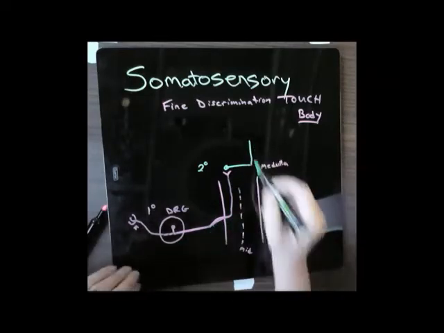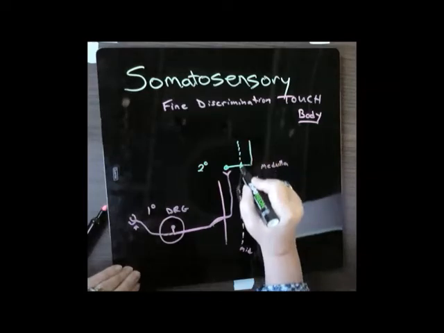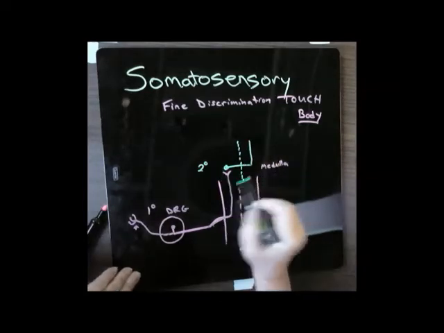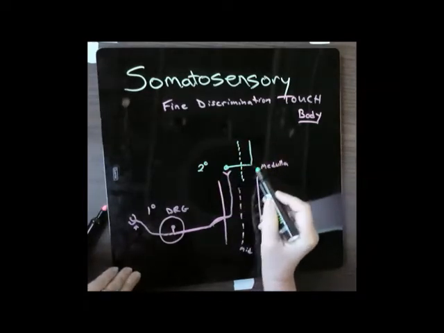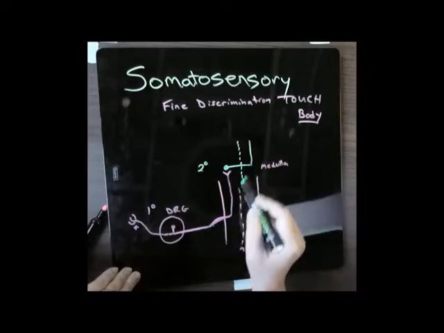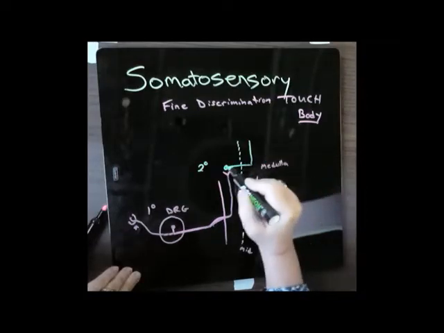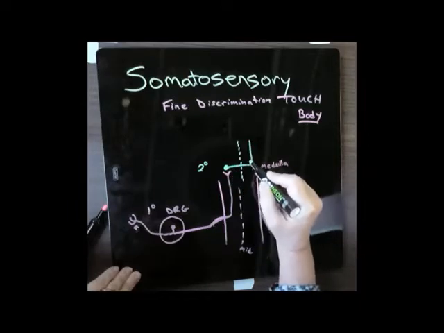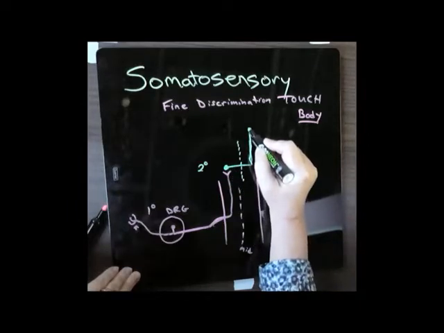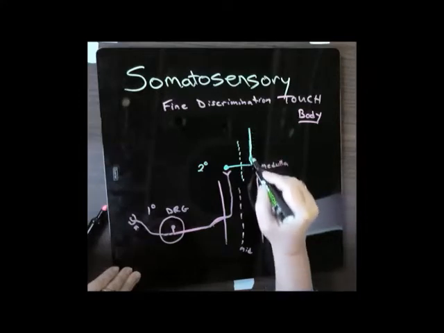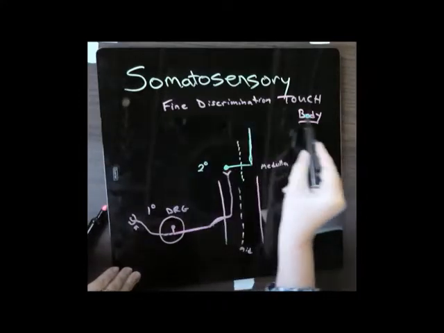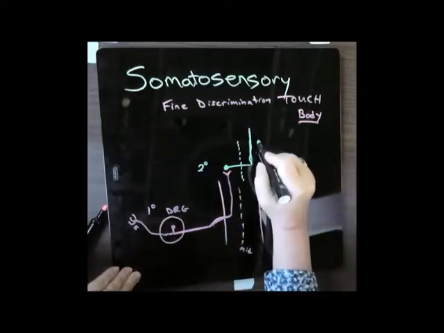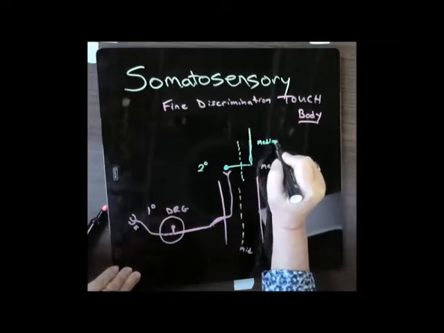It's going to cross the midline of the brainstem. It's actually a very specific structure called the internal arcuate fibers, but we'll talk about that in a second. So this is the cell body, the second order neuron. Its axon crosses the midline and then it ascends. Now this bundle of axons here that's conveying fine discrimination touch from the body is called the medial lemniscus.